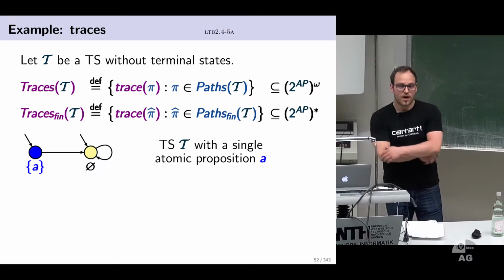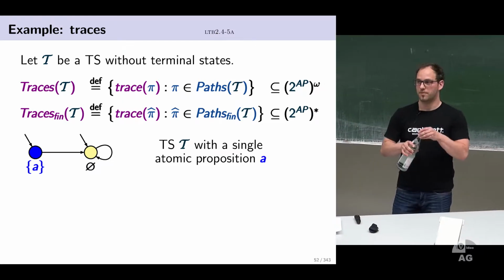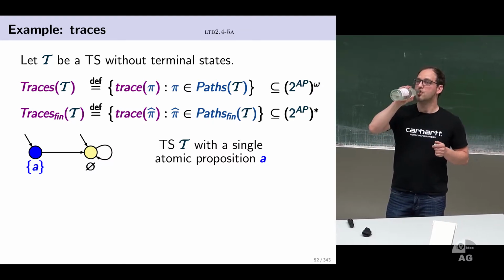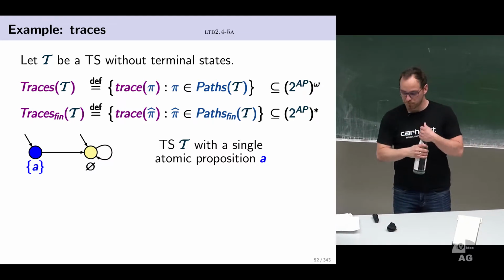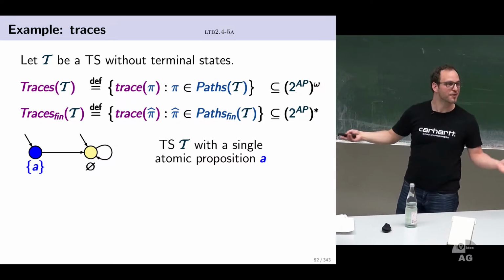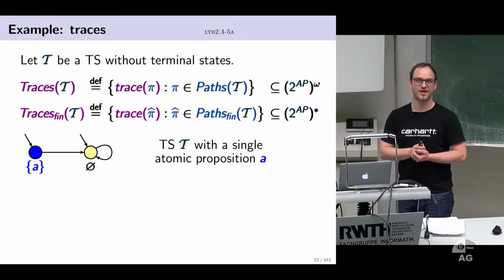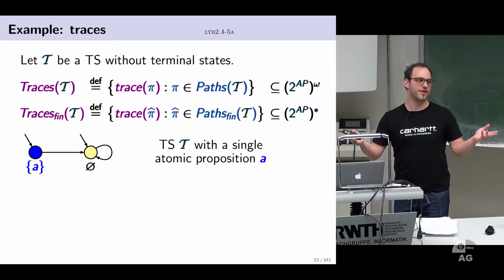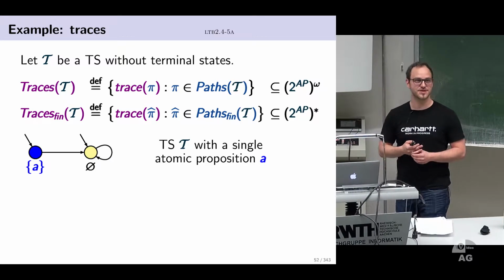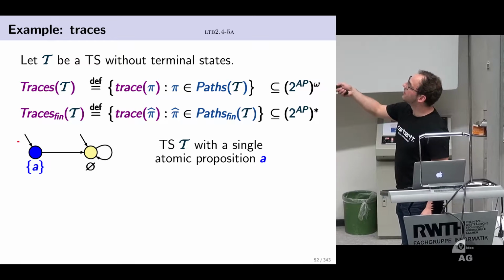Okay, so what are the traces of this transition system? I mean, the definition is right there. Maybe, what is one trace in my transition system? Yes? Blue and yellows. Exactly.